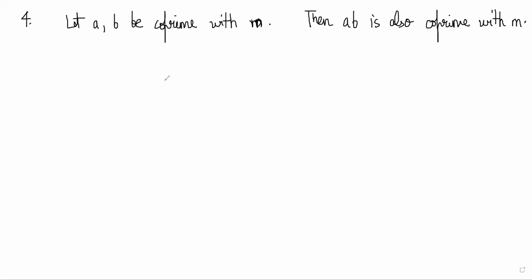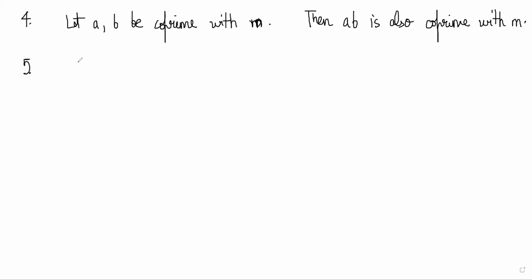If you have several integers that are all co-prime with M, then the product of those integers will also be co-prime with M. That is the idea here. This property can be generalized to more than two integers as well.